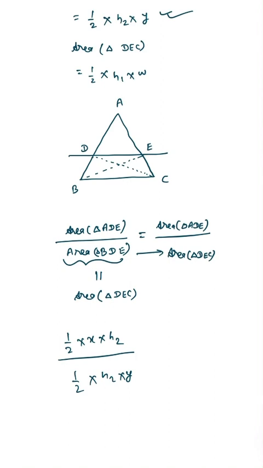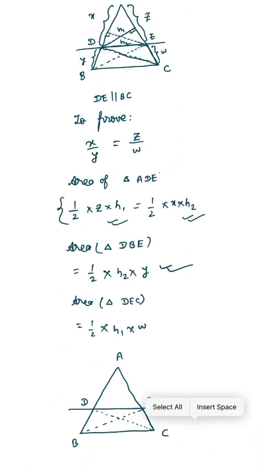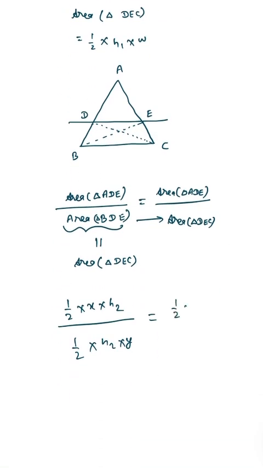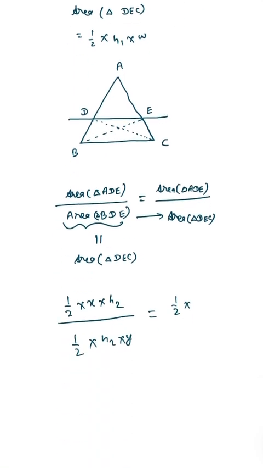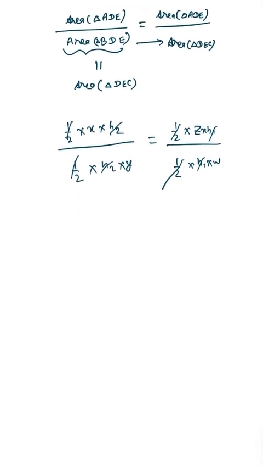Now since the above expression is equal to area of triangle ADE by area of triangle DEC, in this case we are going to take the area with H1 height and g base for ADE. And area of DEC we have calculated as half into H1 into w. Now we will do some common cancellation and we will arrive at our required result.